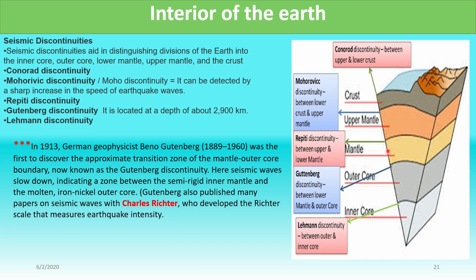Now, the difference between Mohorovičić discontinuity and Gutenberg discontinuity regarding the seismic waves is that in Mohorovičić discontinuity there is a sharp increase in the speed of earthquake waves, whereas in Gutenberg discontinuity it is slowing down. That is, the seismic waves slow down their speed.